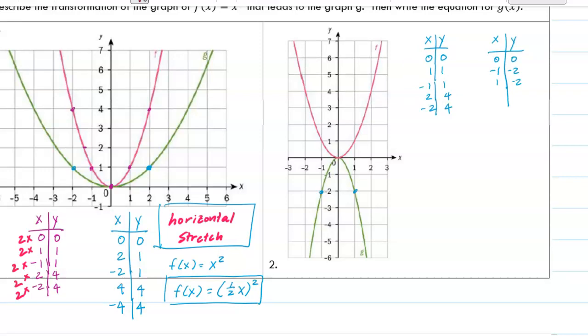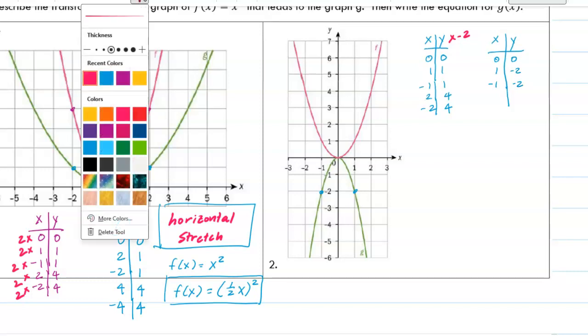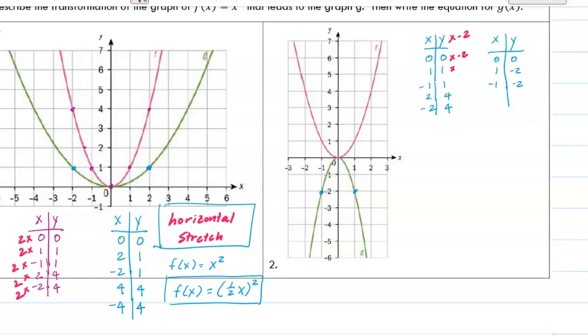The y values just got multiplied by a negative 2. 0, negative 2. I just wrote it wrong. Rewrite this as 1, negative 2, negative 1, and negative 2. And that way, you can see that literally each of the y values just got multiplied by a negative 2. Like that.